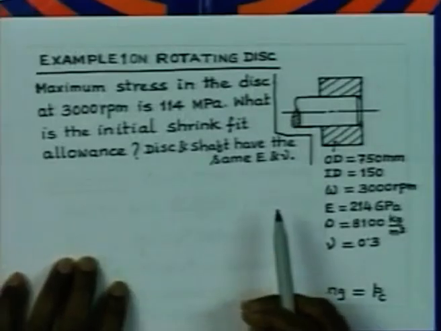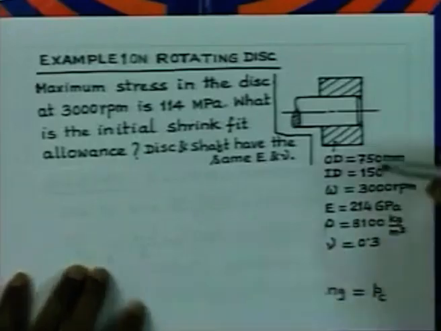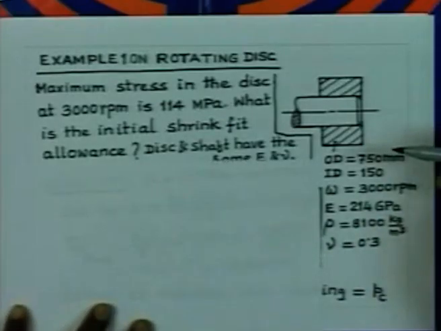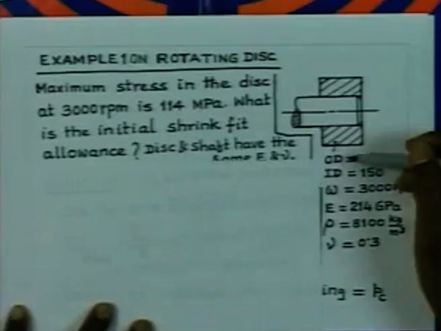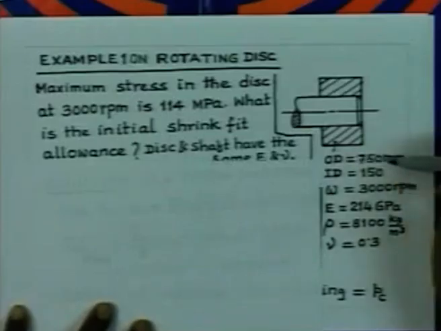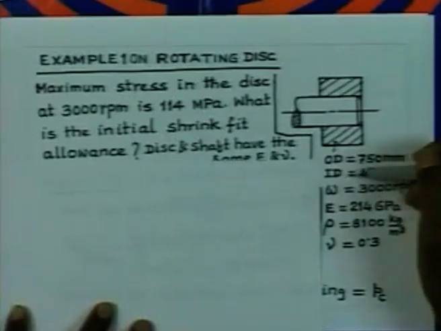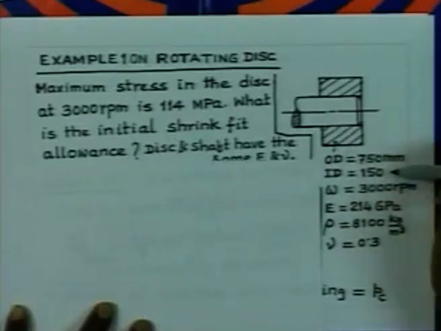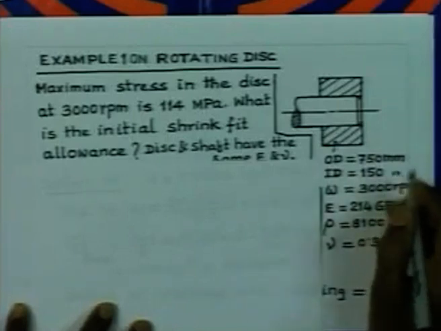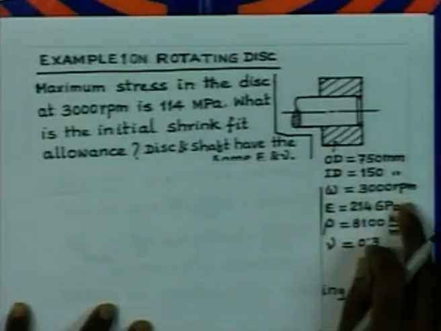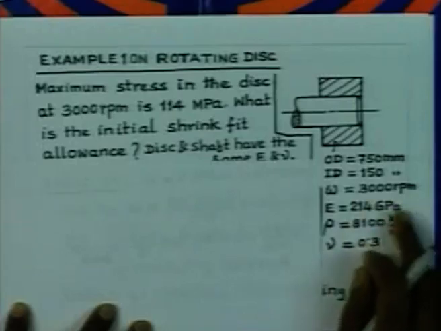The disk and the shaft have the same E and Poisson's ratio, and these are the data we have to make use of. Outside diameter of the disk is 750, inner diameter is 150 millimeter. The RPM is already given as 3000 RPM.